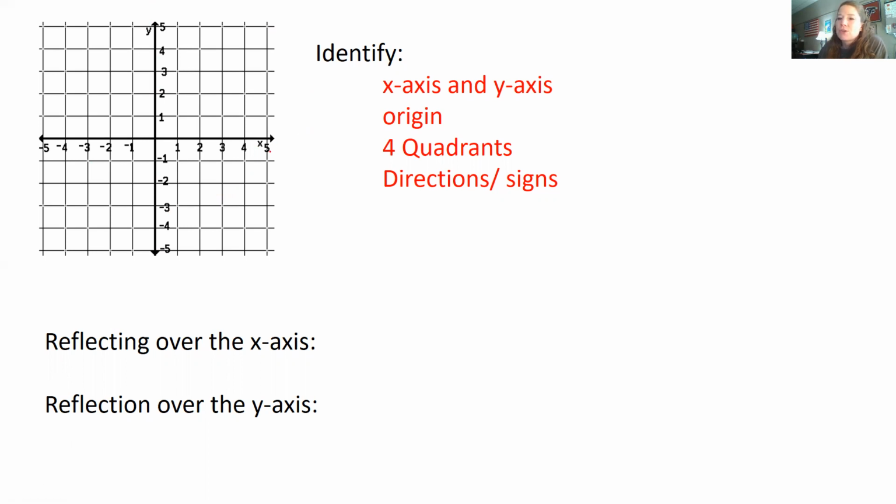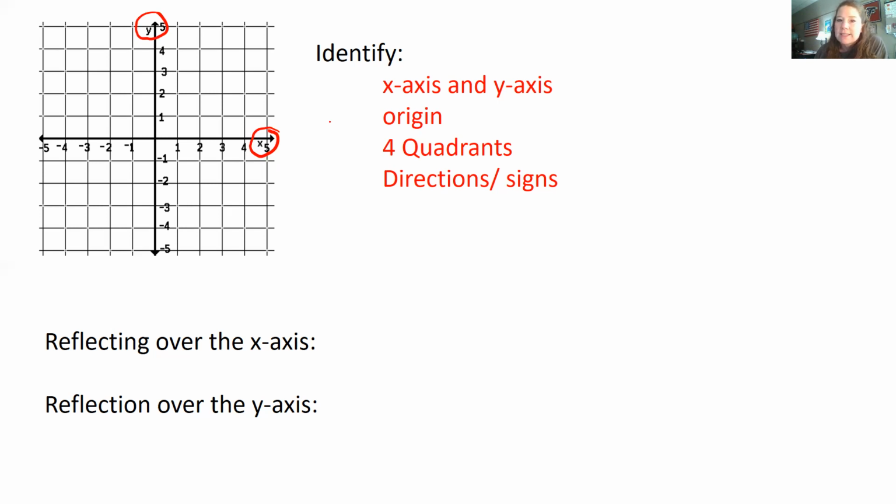You have a horizontal axis, which is always called the x-axis. Usually they're labeled, not always, but usually. Then you have a vertical axis that goes up and down, and that is always labeled the y-axis. So you do need to know those 2 terms, the x-axis and the y-axis.